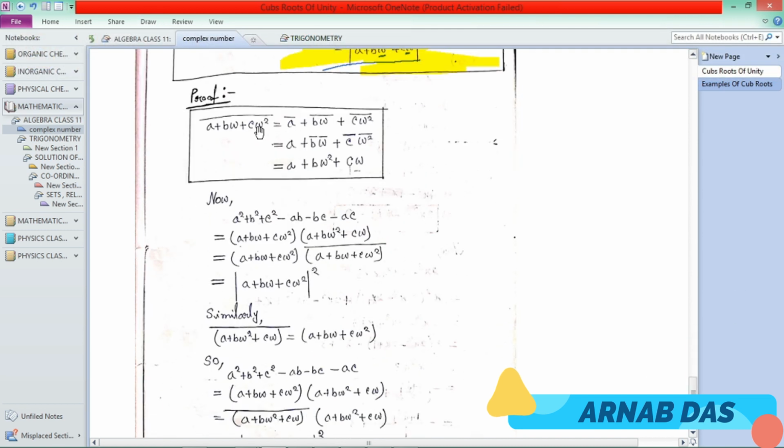Here you can also see the proof of this: the bar of a plus b omega plus c omega square equals a plus b omega square plus c omega.